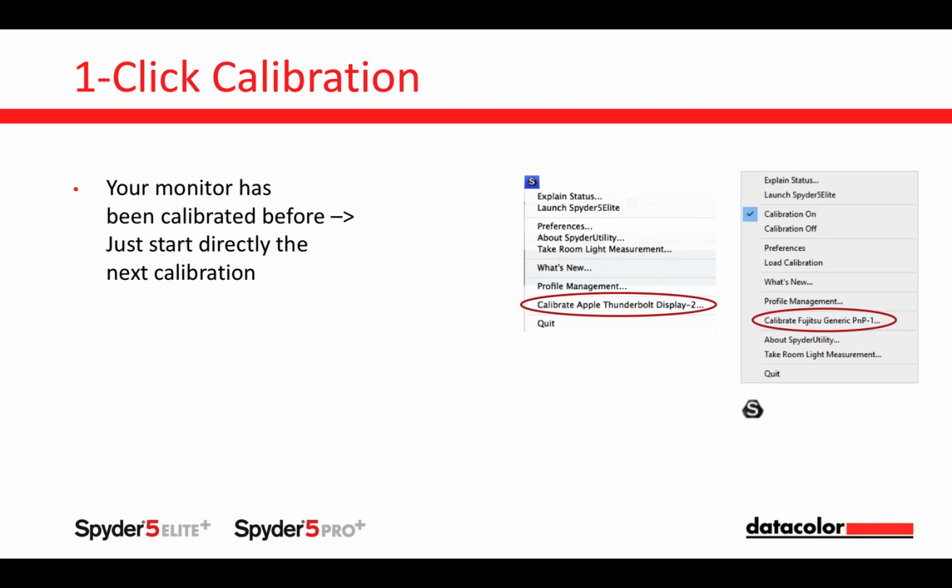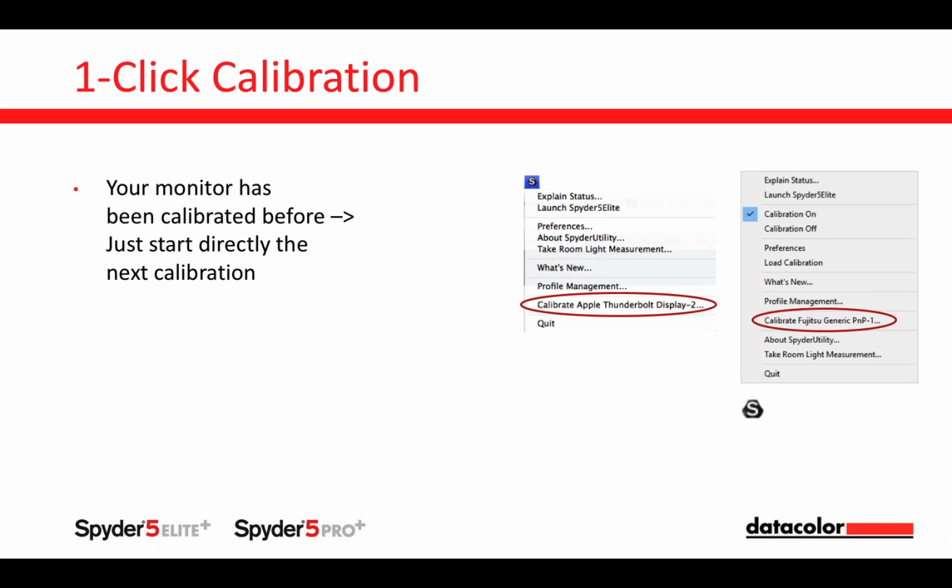So let's start with one-click calibration. What does that mean? If your monitor is calibrated already with your Spyder, meaning you did the initial calibration for that specific screen, then you know that it needs to be recalibrated twice a month or minimum once a month.